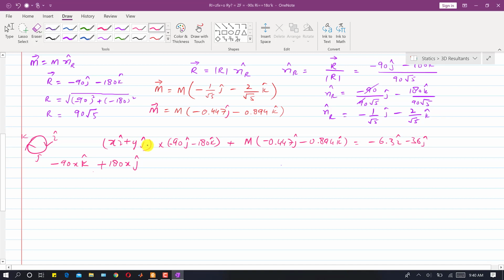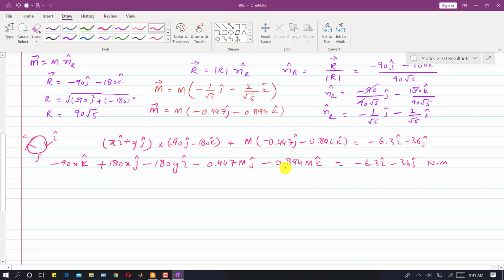Similarly, j cross j is 0, and this will be minus 180y, and j cross k is i. And similarly this will be minus 0.447M j minus 0.894M k, and this is equal to minus 6.3i minus 36j, and remember that this is in Newton meters, right?